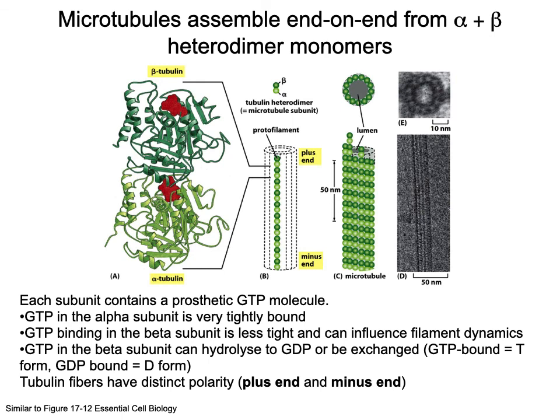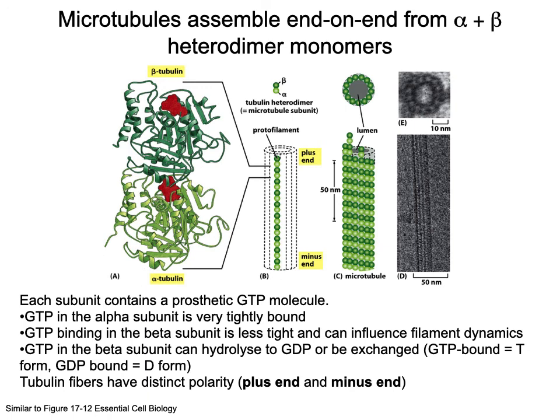So next we're going to talk about microtubules, specifically the assembly of microtubules. The microtubule is made up of a heterodimer of tubulin. So there are two subunits, an alpha subunit and a beta subunit.